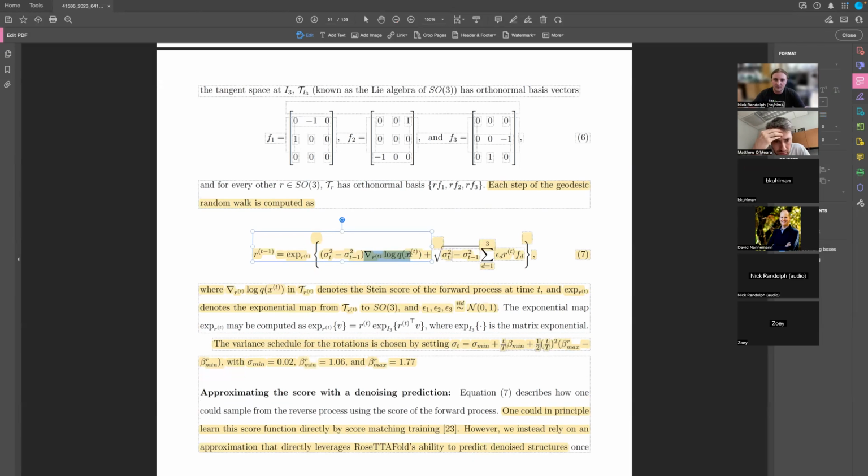So this is the most important quantity here. Really, this is the direction we need to move in the tangent space. In our case, this is how we go from the noisy rotation to something that looks more like a data rotation. And then this term here is just adding some extra noise to that. So this is handling the Brownian motion portion of that.